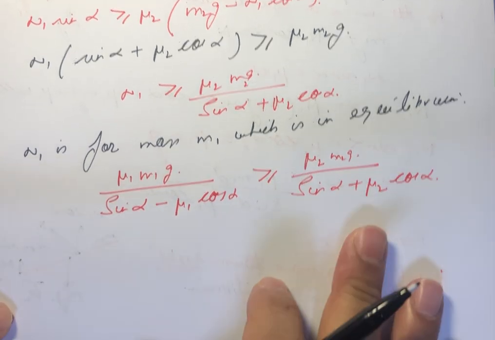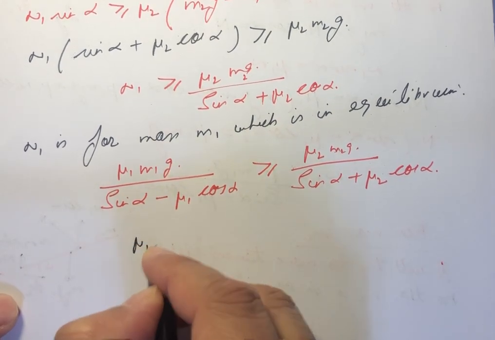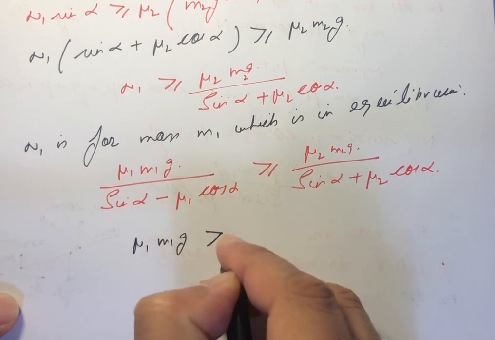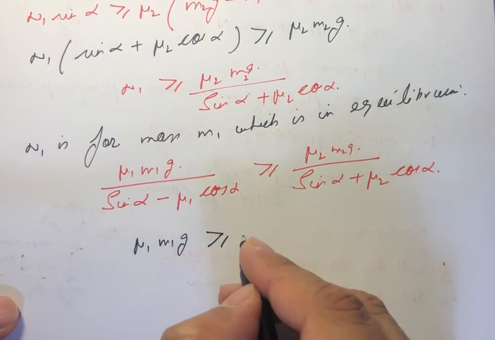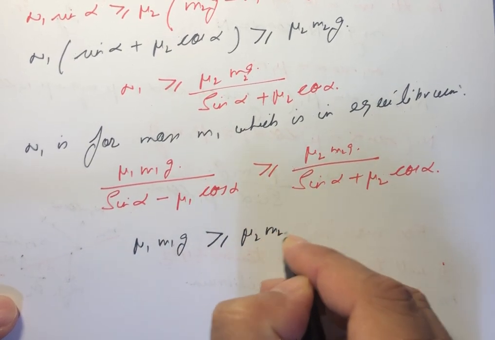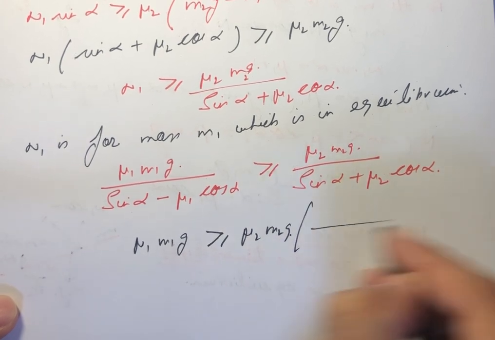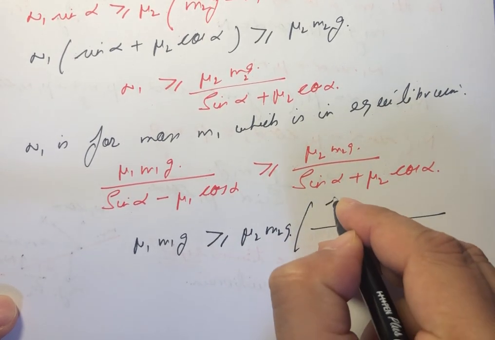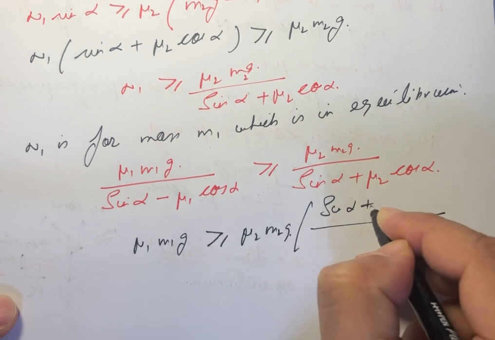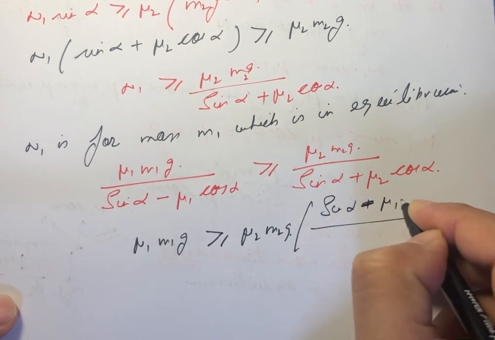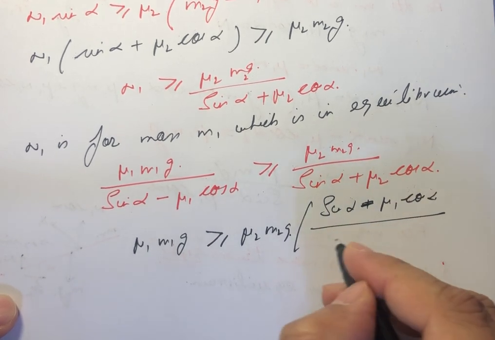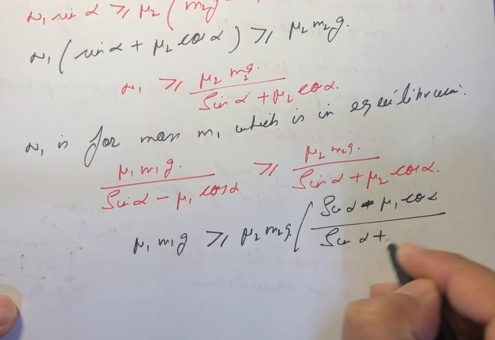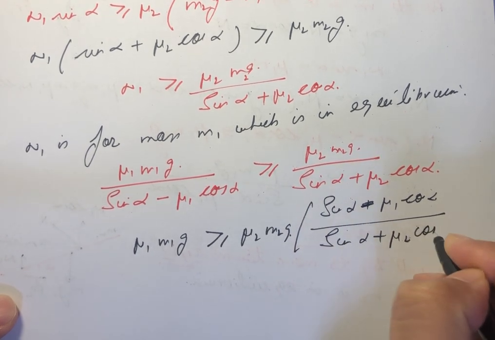So from here we can directly write that mu1 m1 g is greater than or equal to mu2 m2 g times (sin alpha minus mu1 cos alpha) divided by (sin alpha plus mu2 cos alpha).